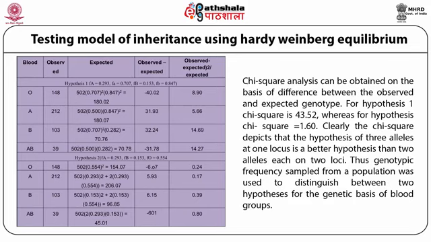Clearly, the chi-square shows that the hypothesis of 3 alleles at one locus is a better hypothesis than 2 alleles each on 2 loci. Thus, genotypic frequencies sampled from a population can be used to distinguish between the two hypotheses for the genetic basis of blood groups and likewise for many other inheritances.